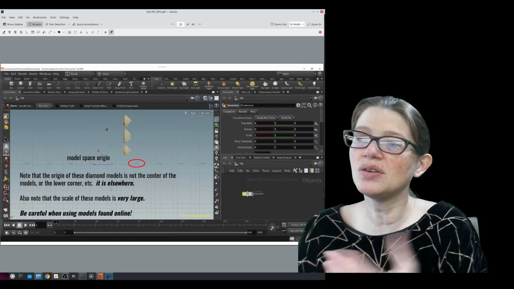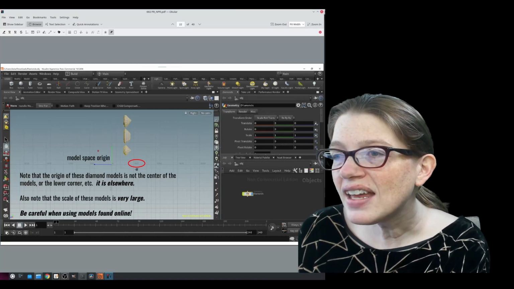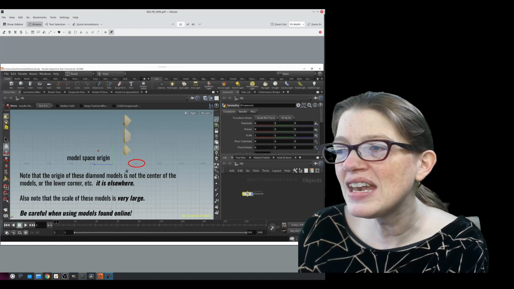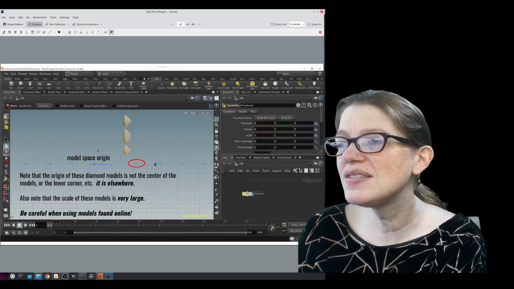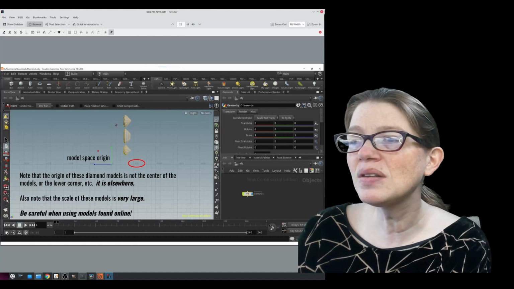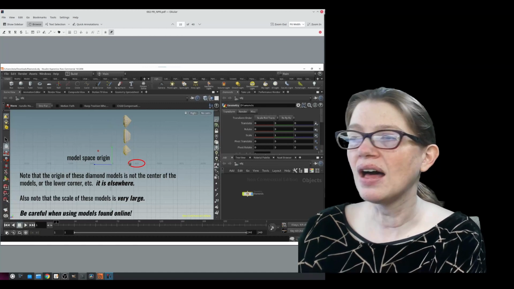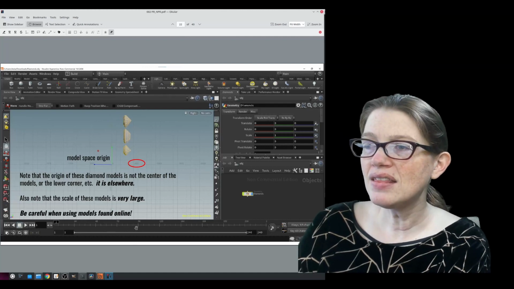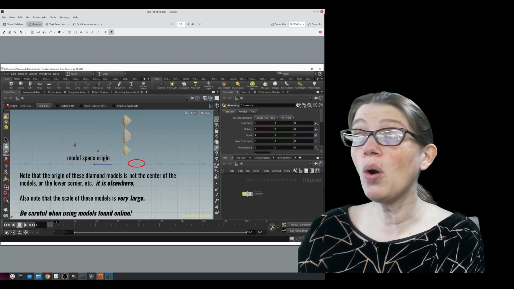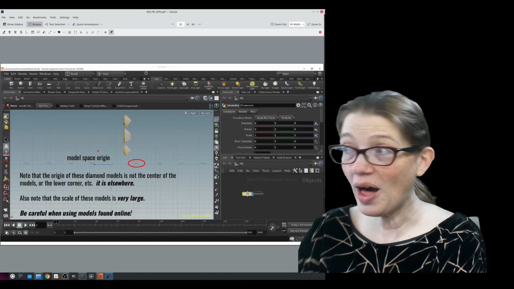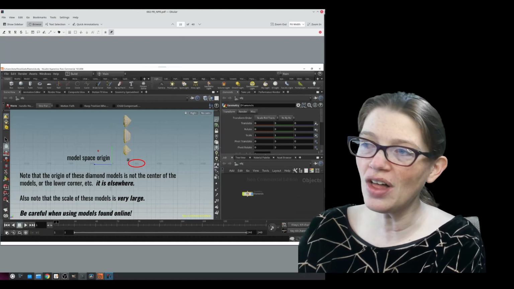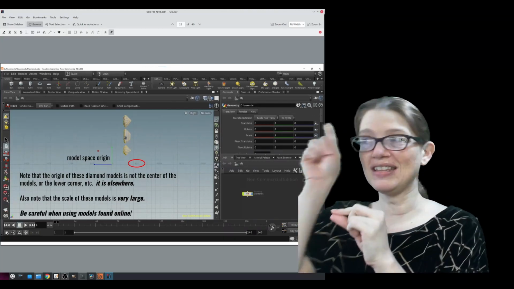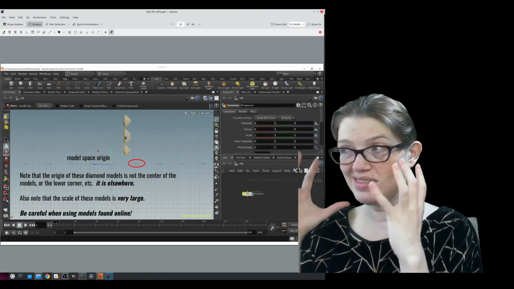When I import it into Houdini, you can see here that they're lying somewhere in the negative z-axis, and they're absolutely massive. They're like 600 and 700 units tall. And the other problem with them is the origin. The model space origin is not in the lower left corner, it's not in the center of the bottom, and it's not in the center of the different gems.